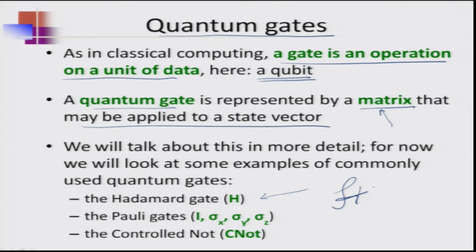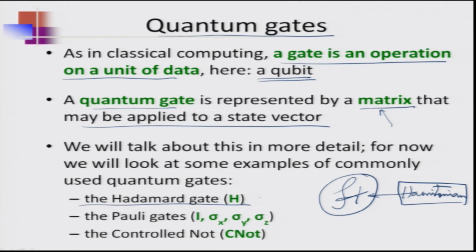Therefore, please note, for this class we will be using the Hamiltonian in a cursory manner, because we are used to using the Hamiltonian for generating energy, whereas for the Hadamard gate we will be using the regular capital H.